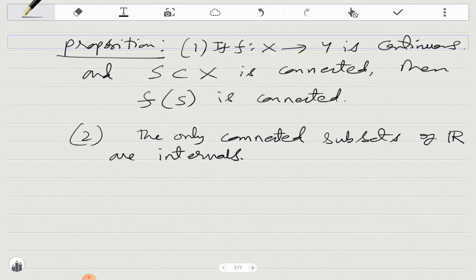By intervals, I mean it can be a finite interval, infinite interval, half open, closed, etc. Any possible interval is connected, and these are the only ones.